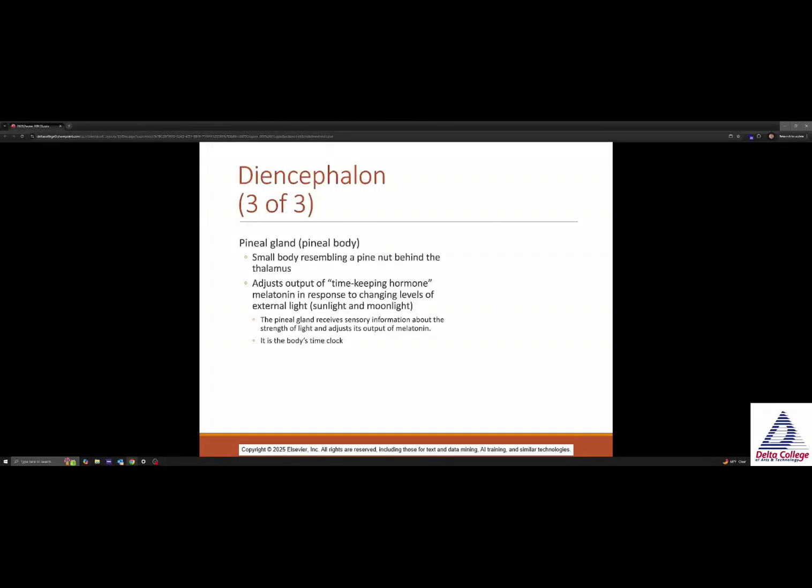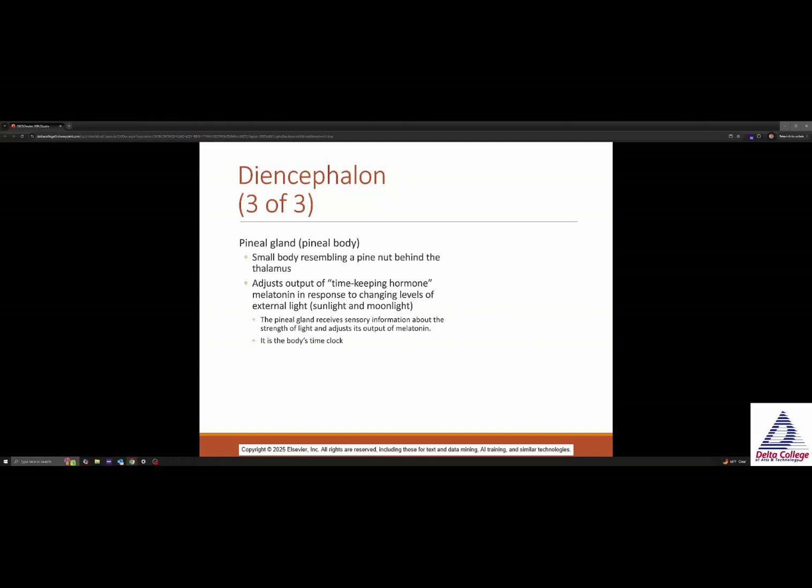Now, the pineal gland, or pineal body, is a small body resembling a little pine nut behind the thalamus. It adjusts the output of what's called our time-keeping hormone. Our time-keeping hormone is melatonin, and melatonin gets adjusted in response to changing levels of external light: sunlight, moonlight, even artificial light.